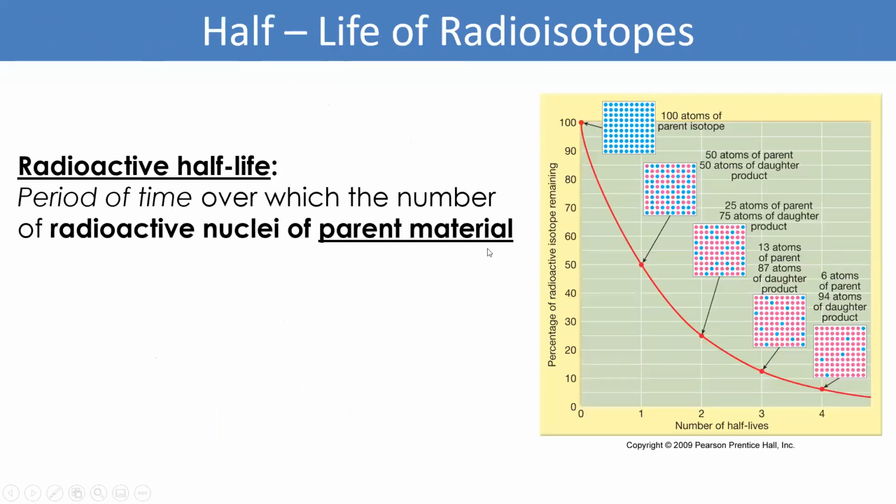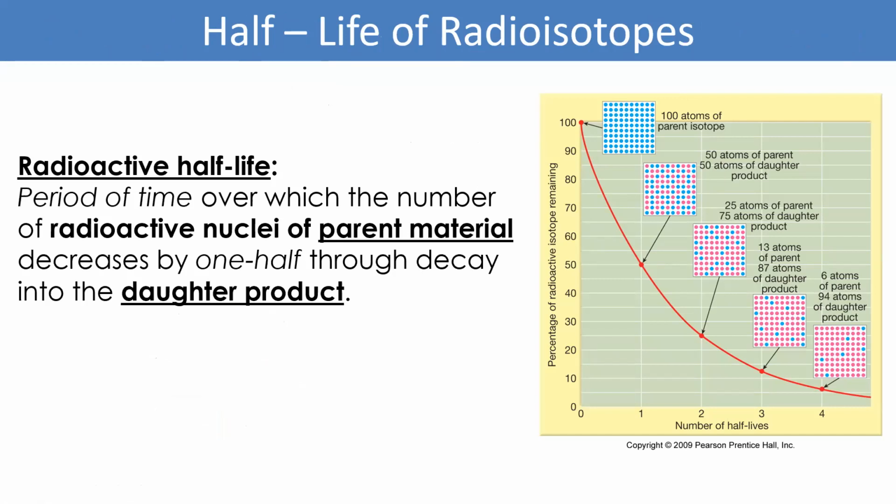Okay, so this is where half-life comes in, and you've probably heard this term before. It's the period of time over which the number of radioactive nuclei of the parent material have decreased by 1/2 into the daughter material. So looking at the graph to the side, if we take a sample of 100 atoms, at one point we have 100 atoms of the parent isotope.